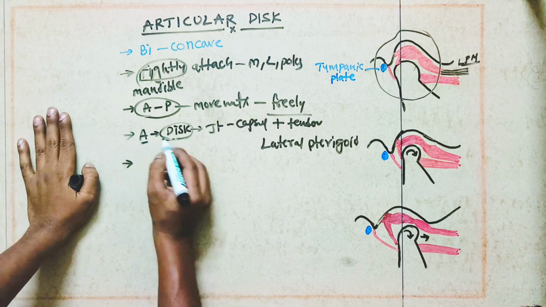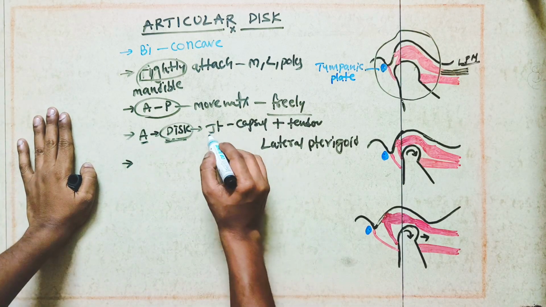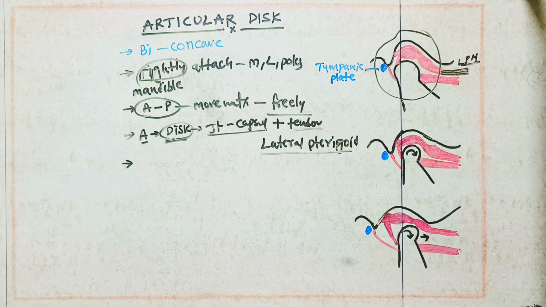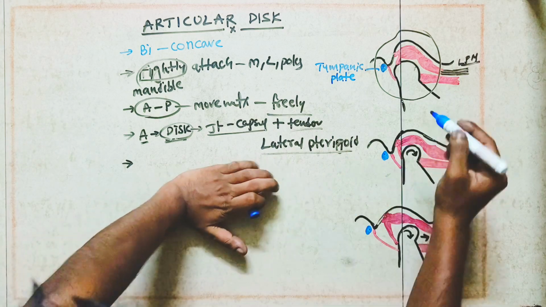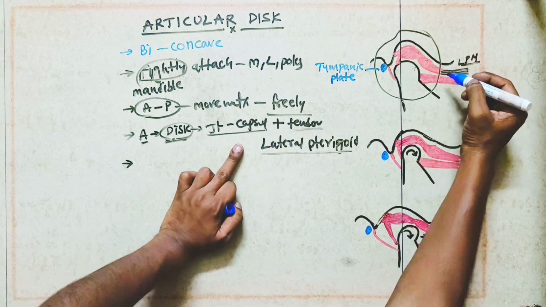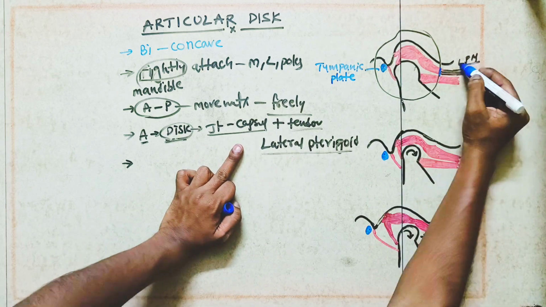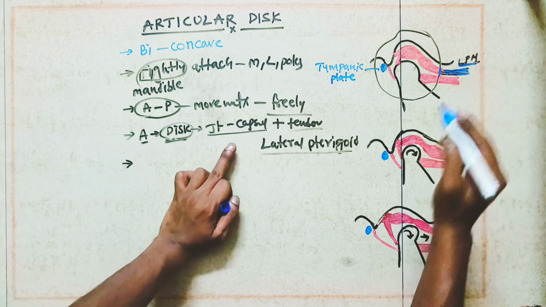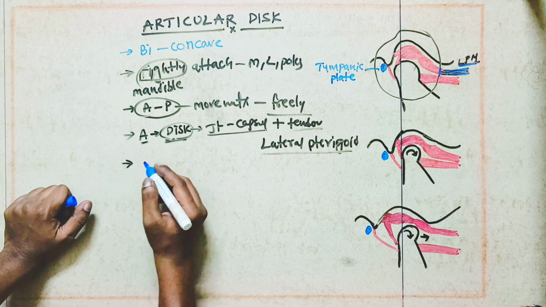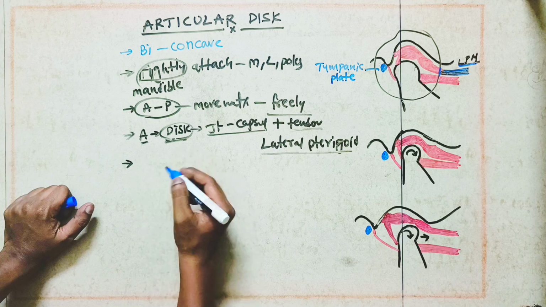If we see anteriorly, the disc is going to connect to the joint capsule and the tendon of the lateral pterygoid muscle. Here this is the capsule of the temporomandibular joint. So anteriorly the disc is connected to the capsule of the temporomandibular joint and the lateral pterygoid muscle. This is the lateral pterygoid muscle. The anterior attachments restrict the posterior translation of the disc.